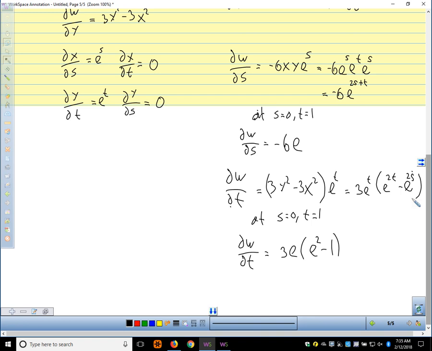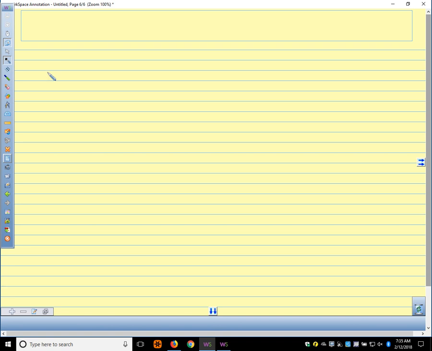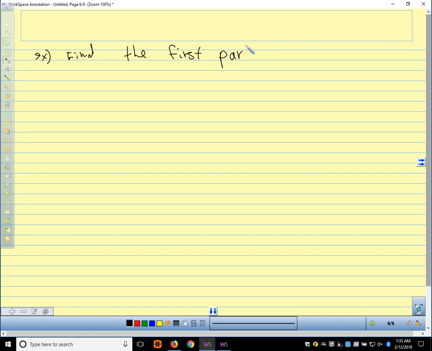All right, let's look at an implicit derivative. So the way you might be asked that question is find the first partials of z, and we have e to the xz plus xy equals 0. So you could go through a process here.